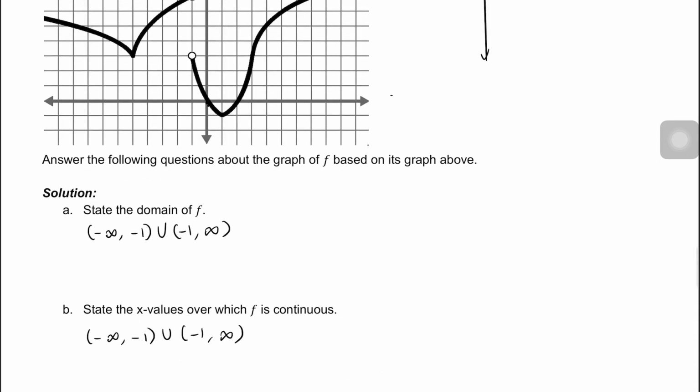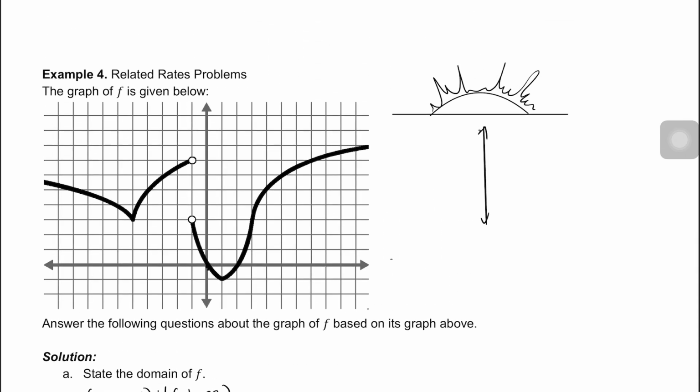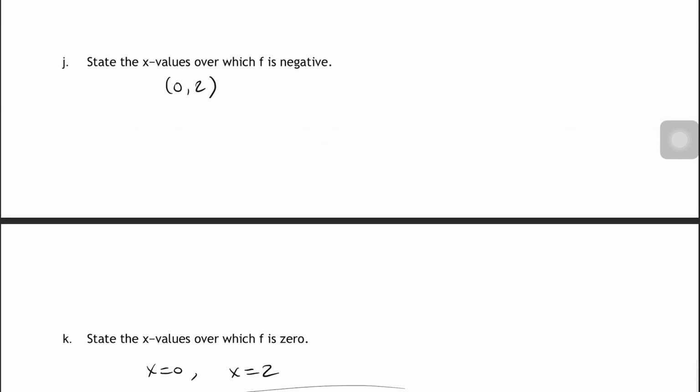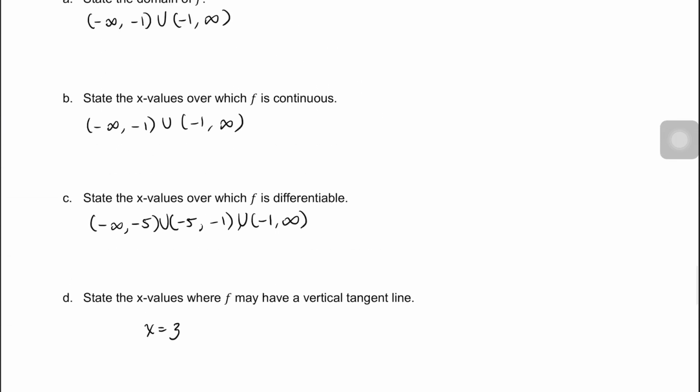The function is equal to 0 at 2 moments, where it crosses the x-axis: x equals 0 and x equals 2. And there you go. We have discussed a lot of the behavior of the function in this picture.